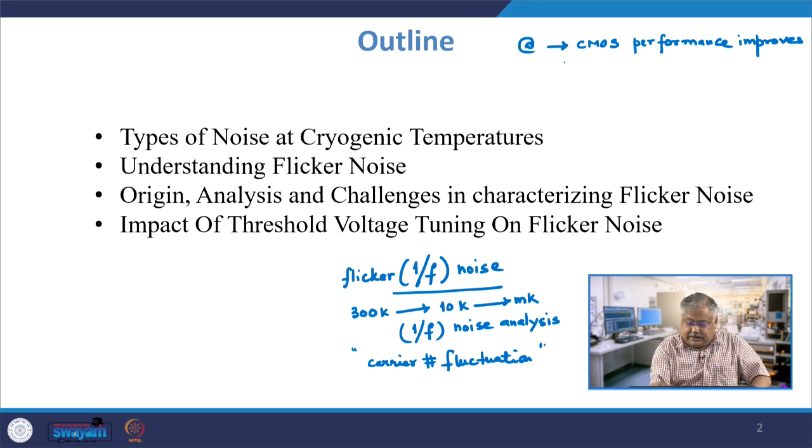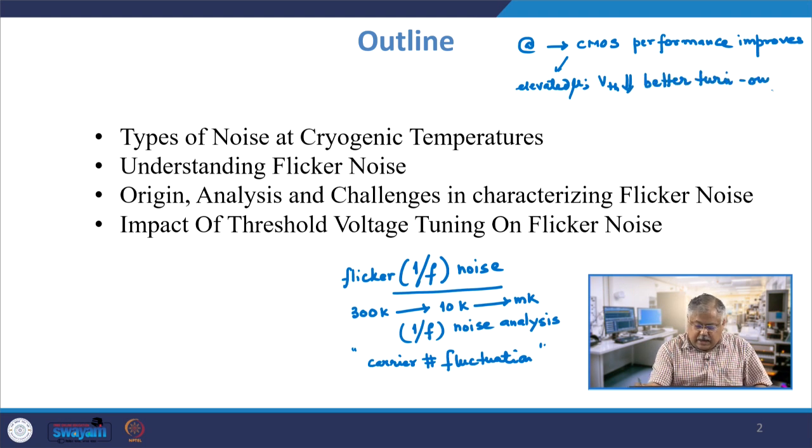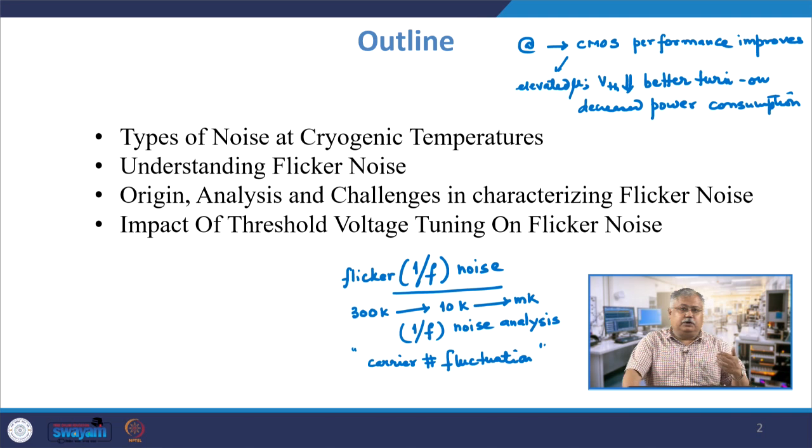One is, of course, as I discussed with you, elevated carrier mobilities, then lower threshold and therefore better turning on, and also decreased power consumption. However, what comes into the picture and has not been dealt with to a larger extent is the availability of 1 by f noise at such a low temperature, and that tries to demerit the gains which we have achieved.